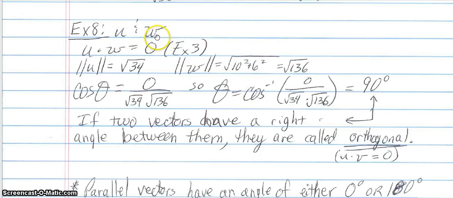So, the next one, same thing. Dot product, magnitudes of the two, set them up, plug it in. So dot product over the product of the magnitudes. And we punch it in and we get 90. Well, because of vectors, if the two vectors intersect in a right angle, we don't call them perpendicular, we call them orthogonal, because with vectors we have the possibility of directions.